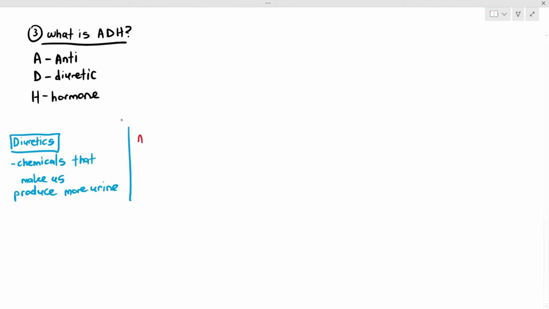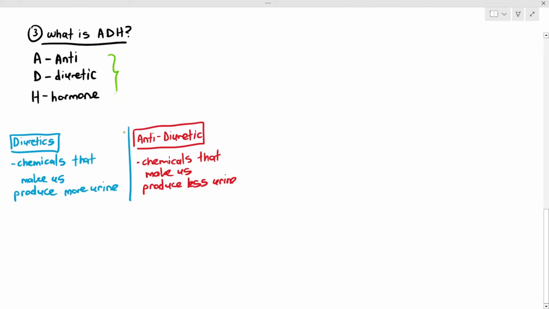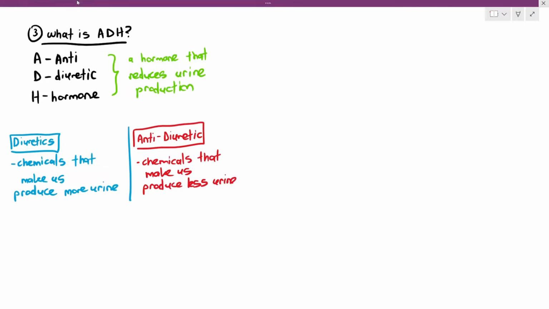For example, caffeine and such. So an antidiuretic is a chemical that makes us produce less urine. That's what it does. So antidiuretic hormone is a chemical signal, or a hormone, that tells the body to reduce urine production.